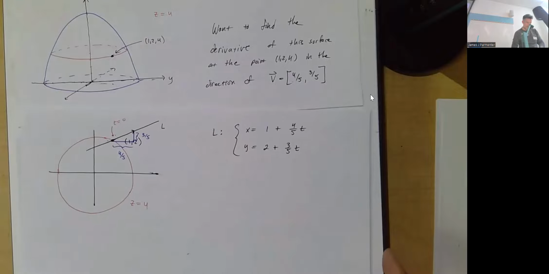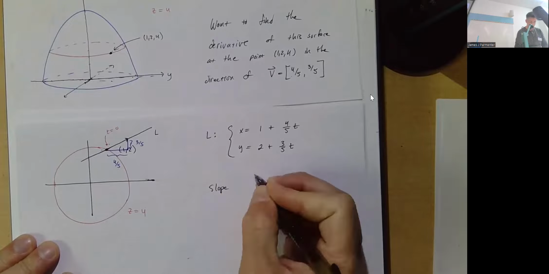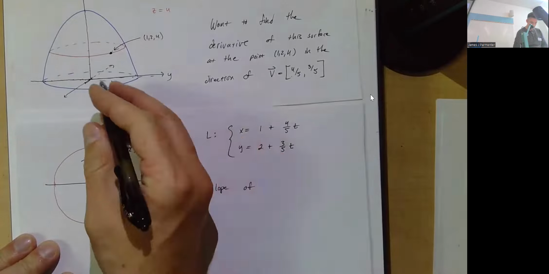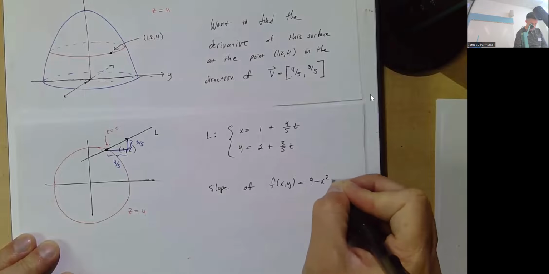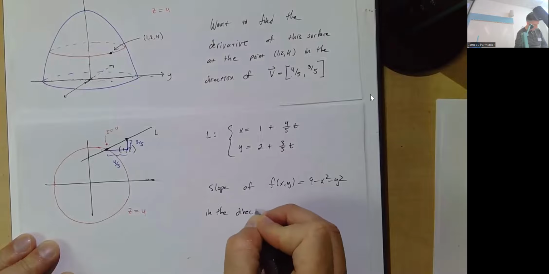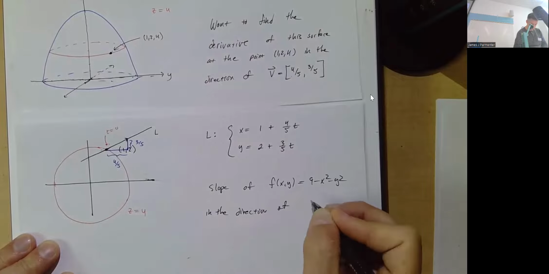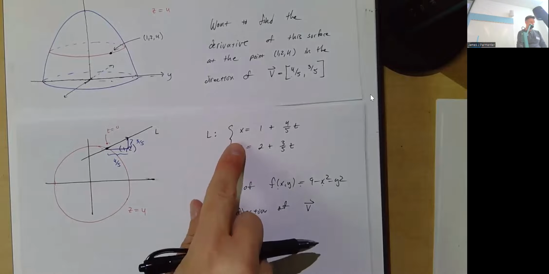So I want to find the slope or the derivative of my function f of x, y equal to 9 minus x squared minus y squared in the direction of the vector v. Well, look, f depends on x and y. What do x and y both depend on?